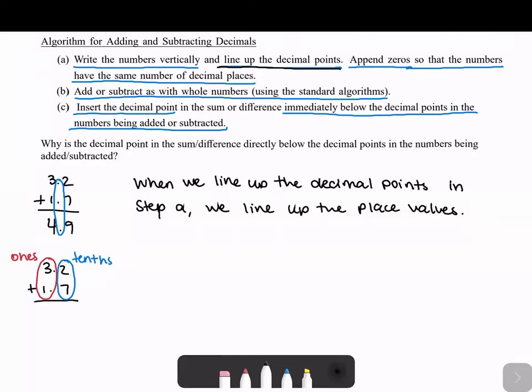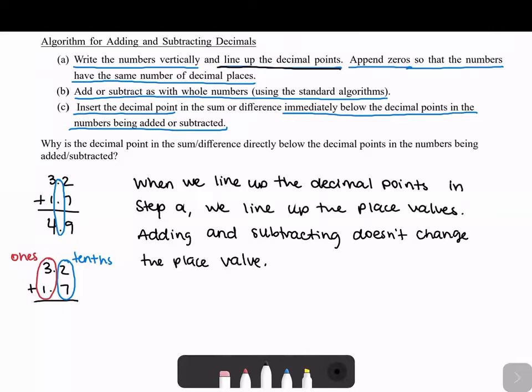And we know that adding and subtracting doesn't change the place value. Why would it?